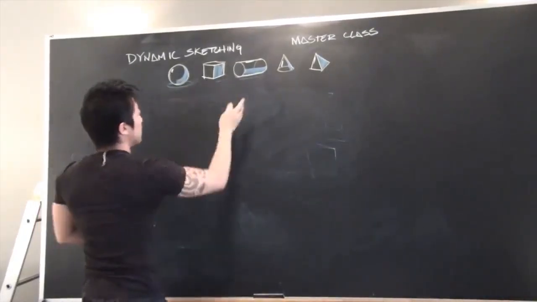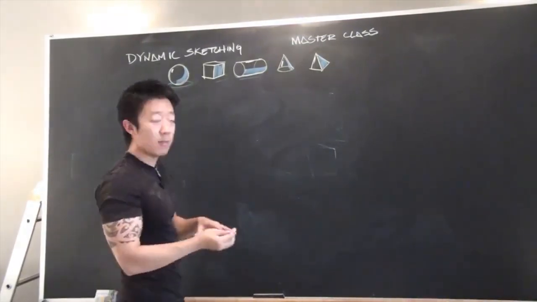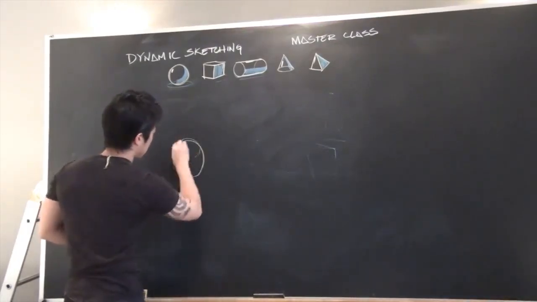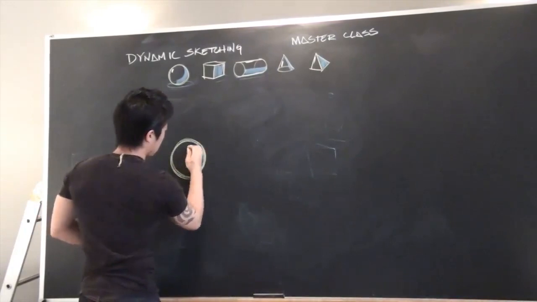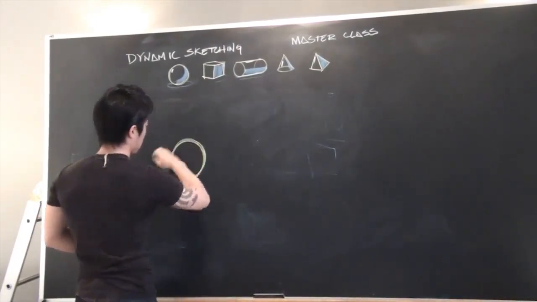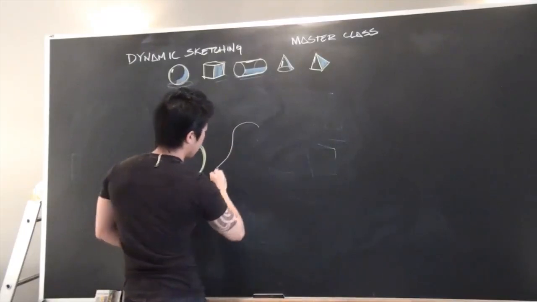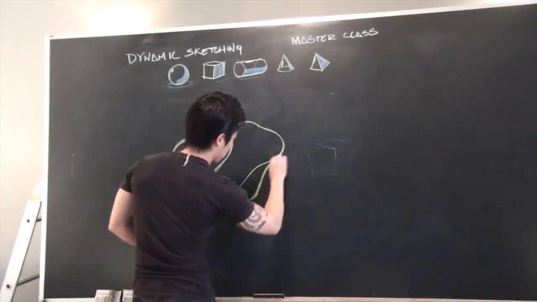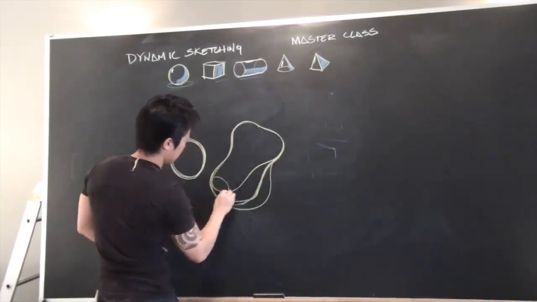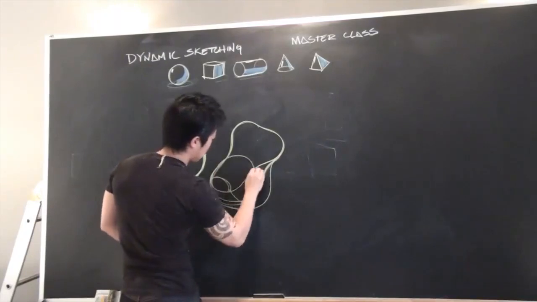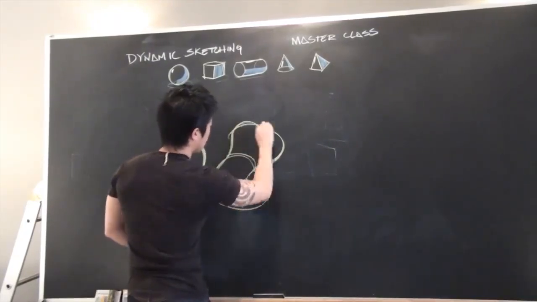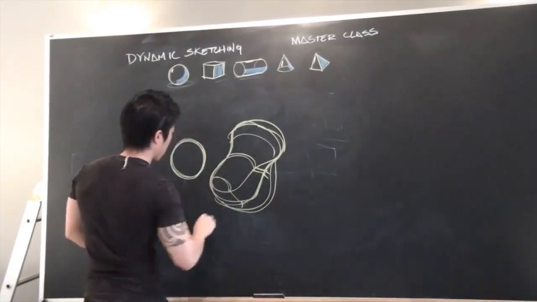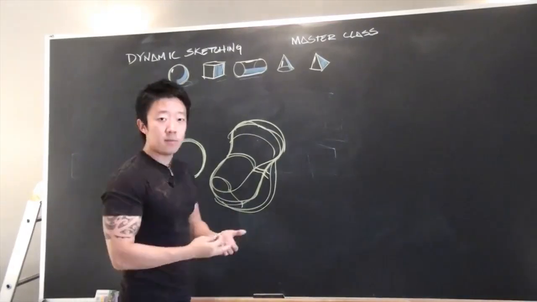Now, if we took any of these forms, whether it be organic or geometric, or even a much more interesting shape, and we do the contours just like from last week, we want to start to describe shadows.